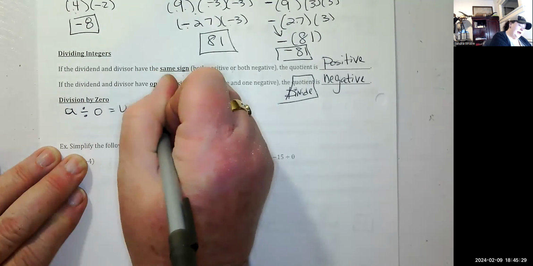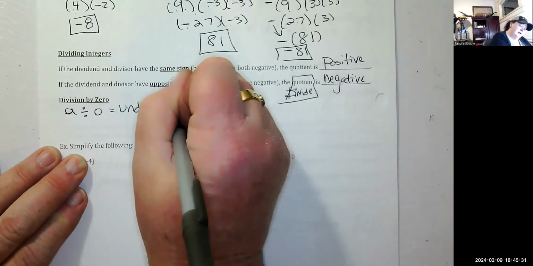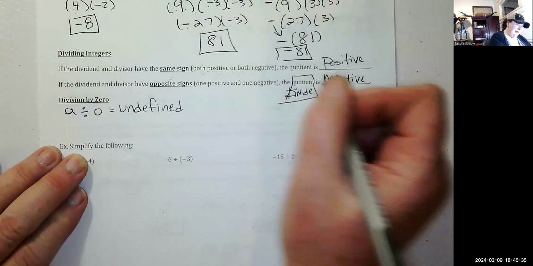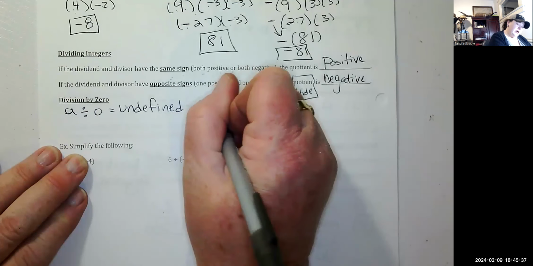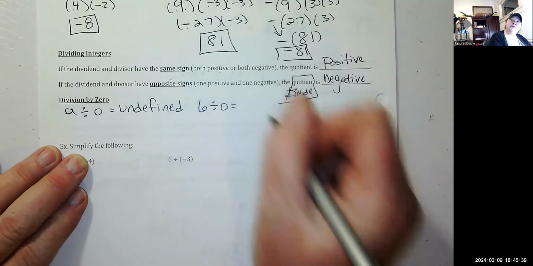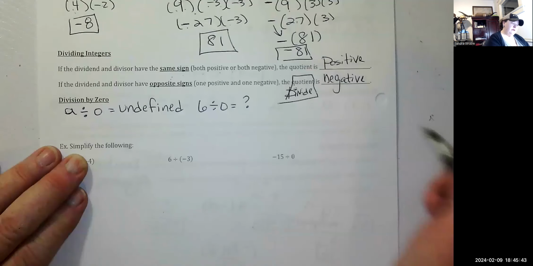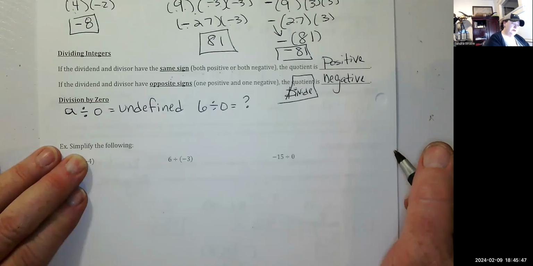I asked this question in my college algebra class just yesterday, and they did not know. So 6 divided by 0 is, well, we don't know.